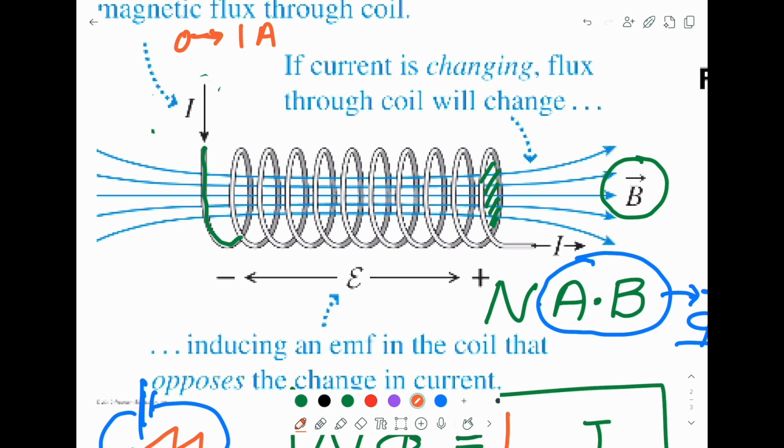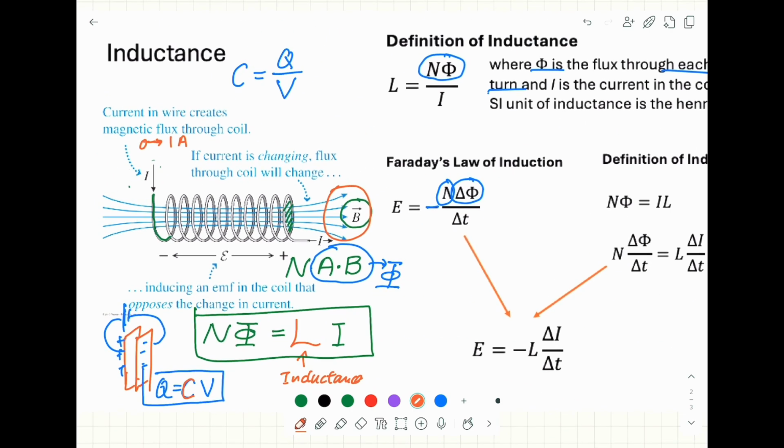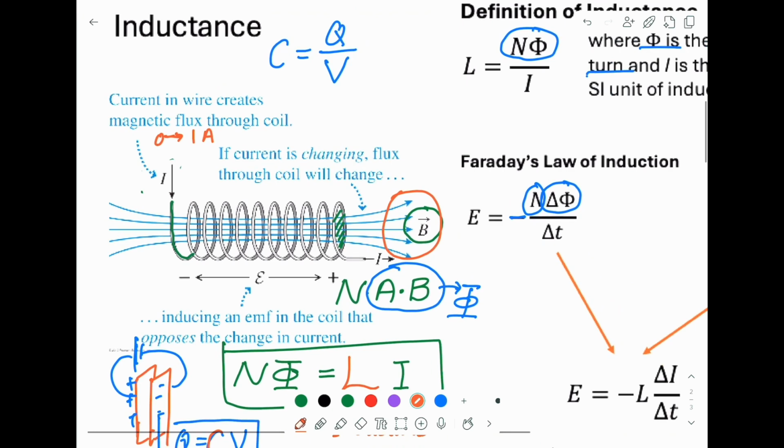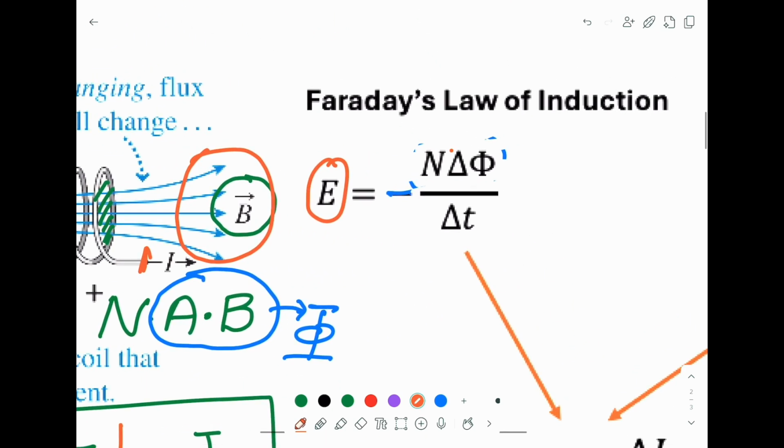It means whenever the current changes, the magnetic flux here will change. And Faraday's law of induction says, if the magnetic flux changes, you will create an EMF. It means you will create a voltage across both sides of this coil.